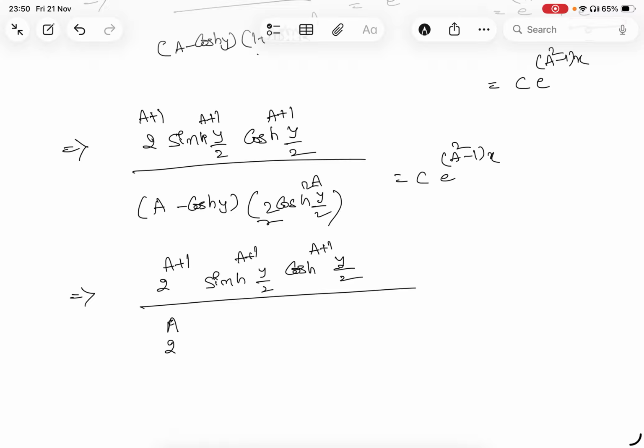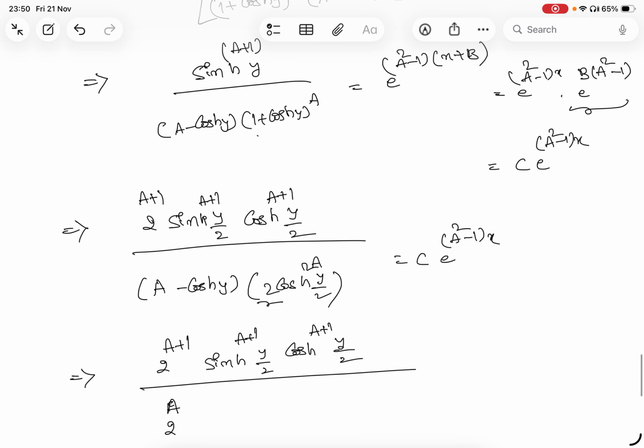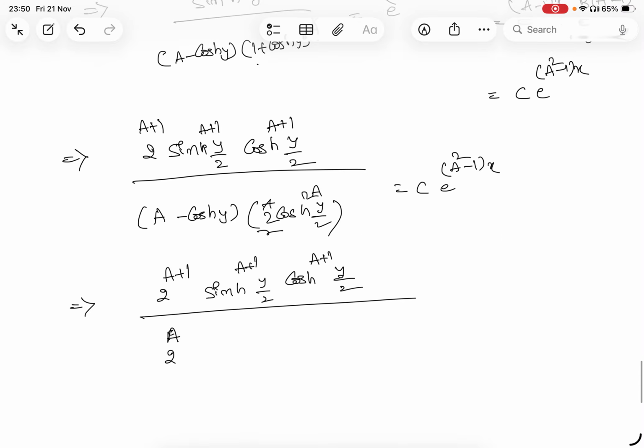Fine. As you can see, 1 plus cos hy equal to 2 cos h square, right? So (1 plus cos hy) whole power a is 2 power a into (cos hy) whole power 2a. Fine.